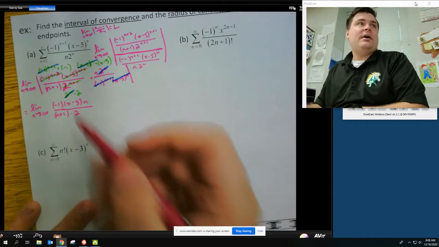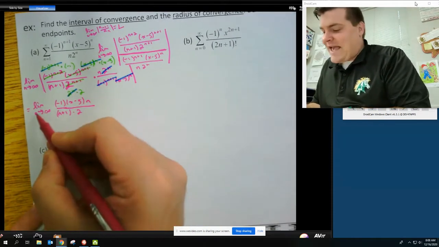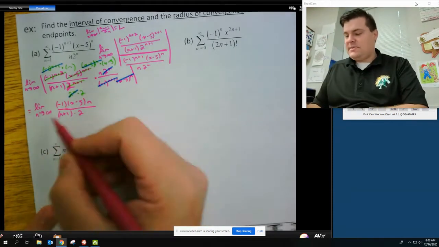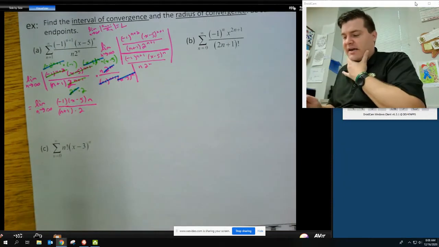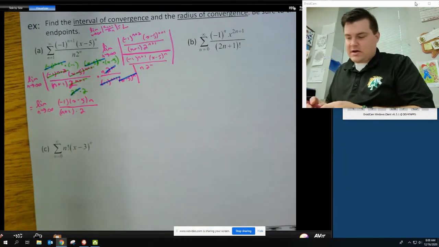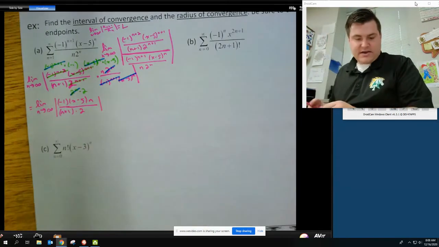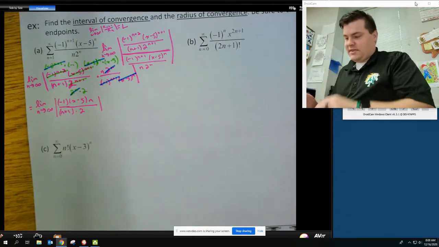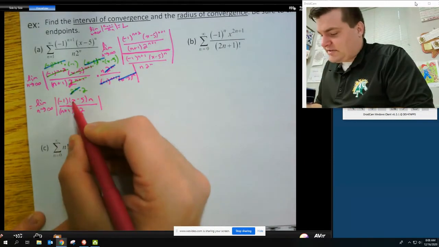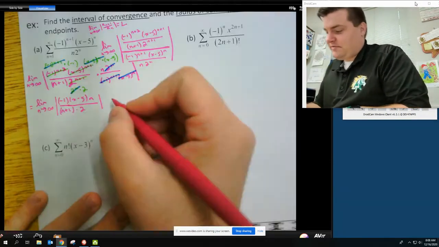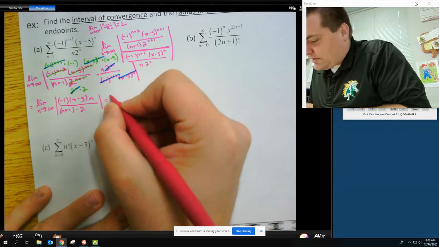Now let's remember, I'm going to find the limit as n approaches infinity, not of this x minus 5. The x minus 5, the negative 1 and the 2, that's all going to come out. And by the way, this is still absolute value. So I'm going to pull out the negative 1, x minus 5, and the 2, the absolute value of all that.